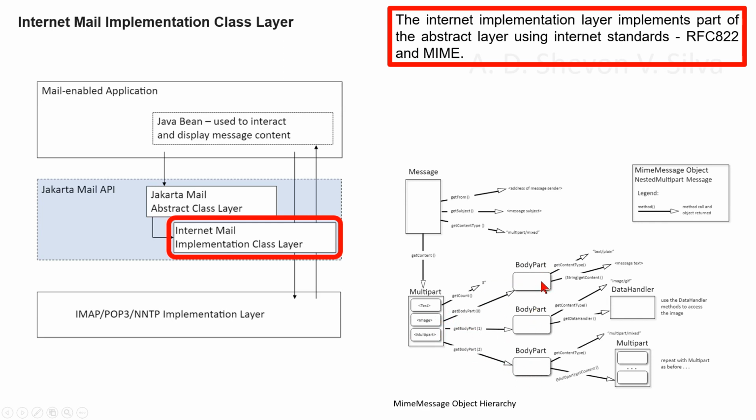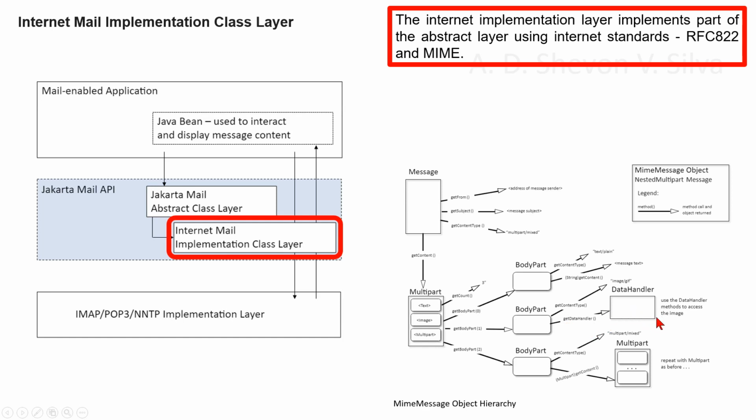You can see the body part here, and in body parts, getContentType returns, for example, text/plain, and here getContent returns the message text. Here getDataHandler returns a data handler.